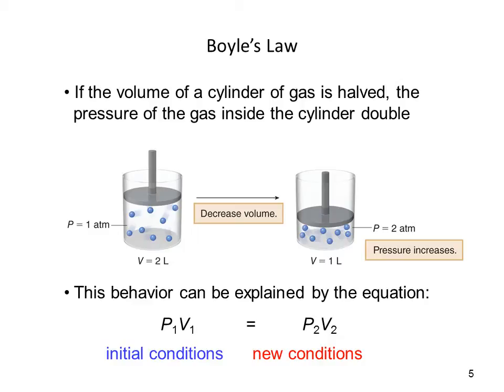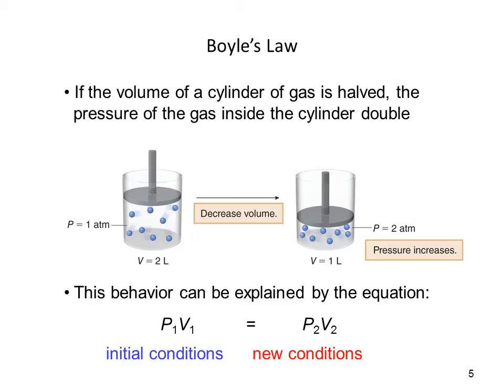This means that when I multiply pressure times volume and then I make a change to one of those, pressure or volume, the other one must change too. That's what proportional means. So inversely proportional means that when pressure goes up, volume must go down.